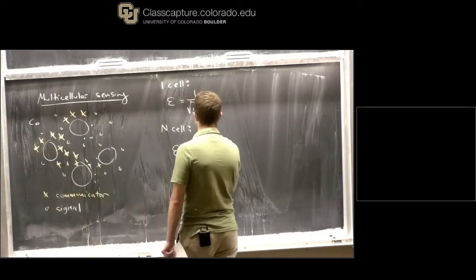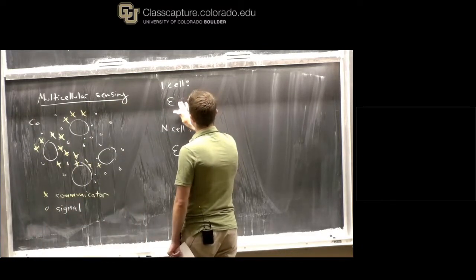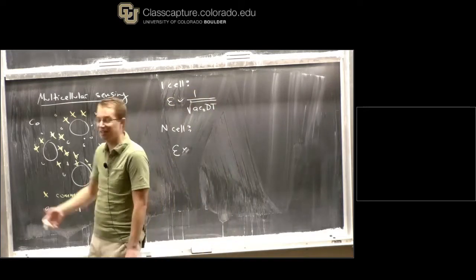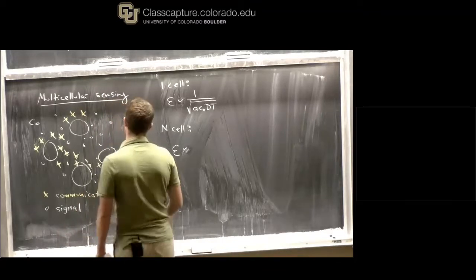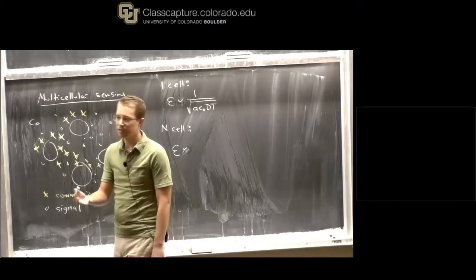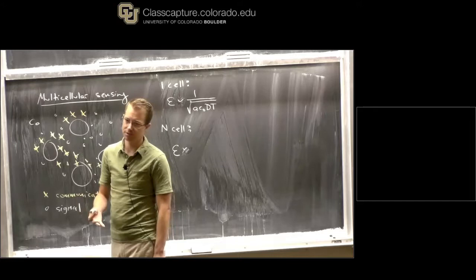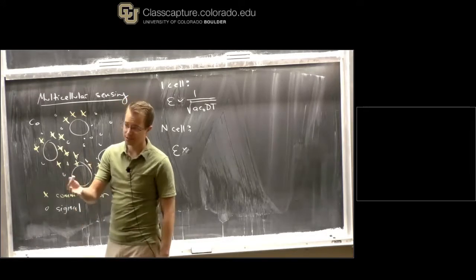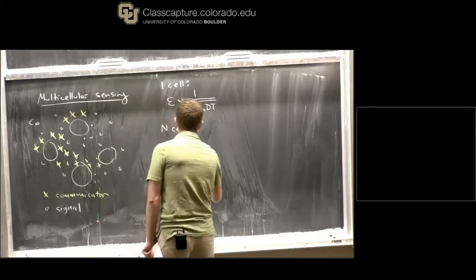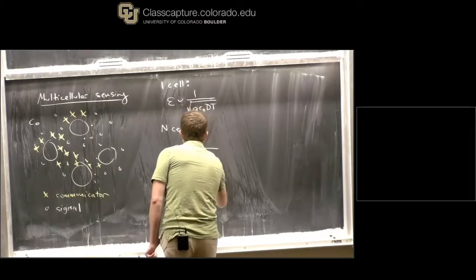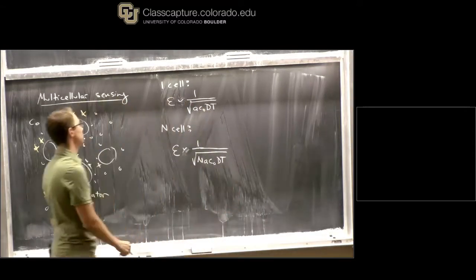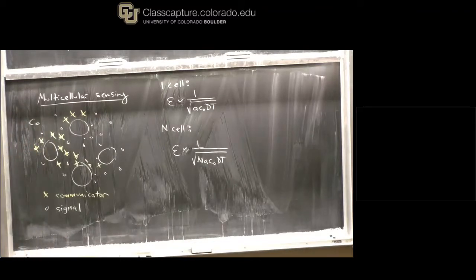So why do you say square root? It's counting. Yes, exactly. Well, it's a counting problem in general. When you have n independent measurements and you're doing some sort of averaging, and we're assuming these cells are averaging their information, then it's like a counting problem, and it goes down like 1 over the square root of n. So maybe this goes like 1 over the square root of n A C naught dt, absorbing the n into the square root.